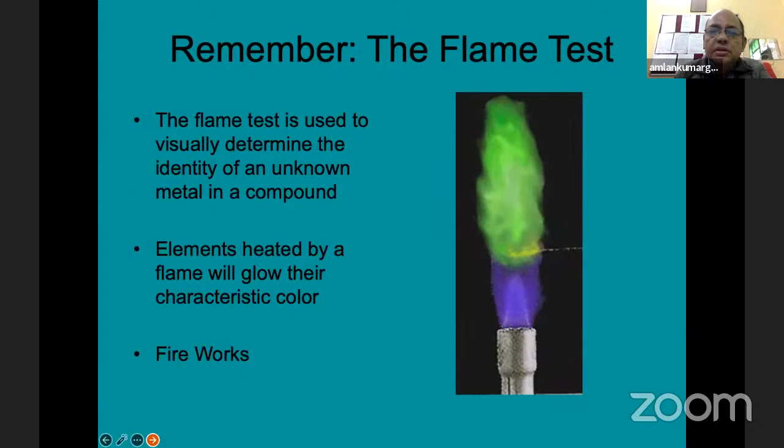That means flame tests help us identify the metal in an unknown compound. So whenever you introduce that unknown compound into the flame, the metal will glow with a characteristic color. And that is why in fireworks, we use different types of metal chips so that we get different types of colors.